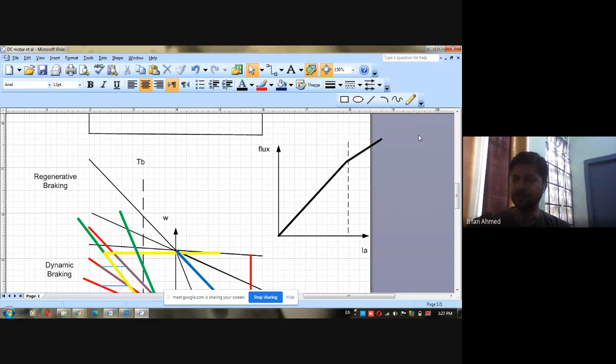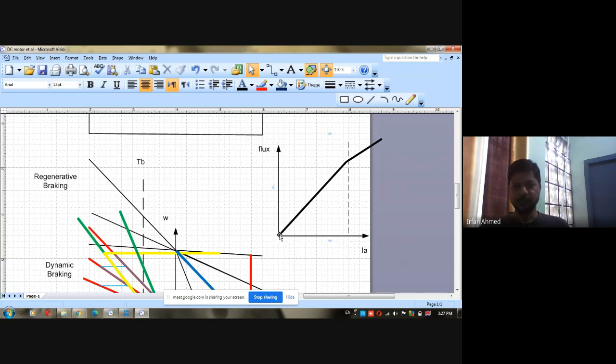There is no exact mathematical equation that can be set up for the magnetization curve. Considering the entire characteristic, you cannot write a perfect or a simple equation between the flux and the armature current, because in that case, it will be difficult for us to draw the speed torque characteristic.